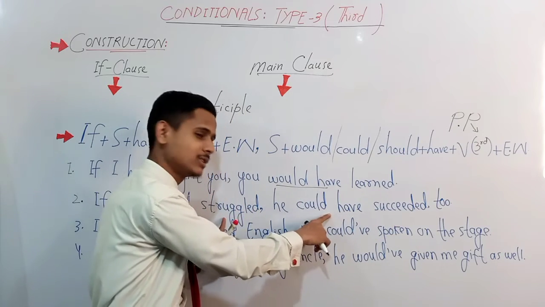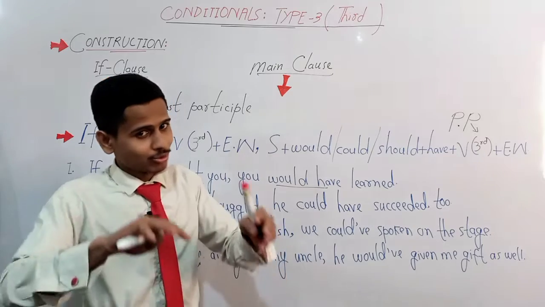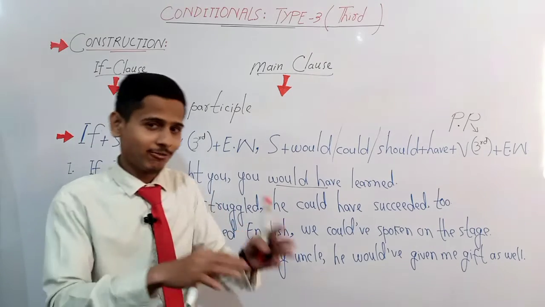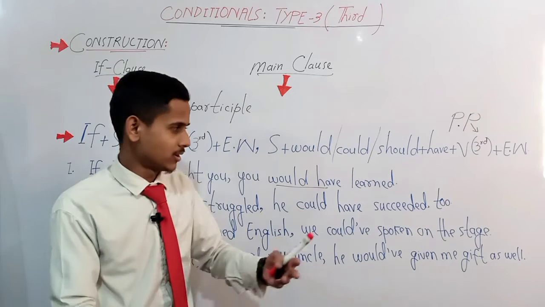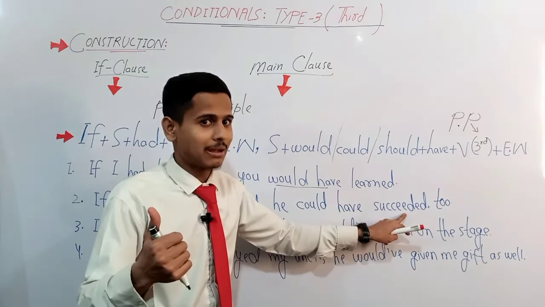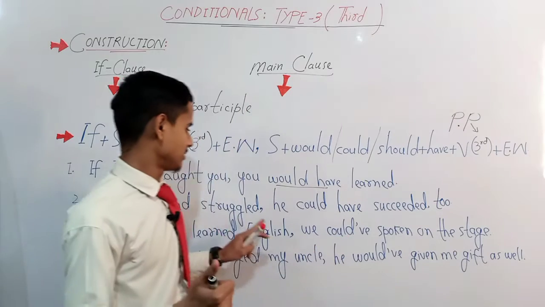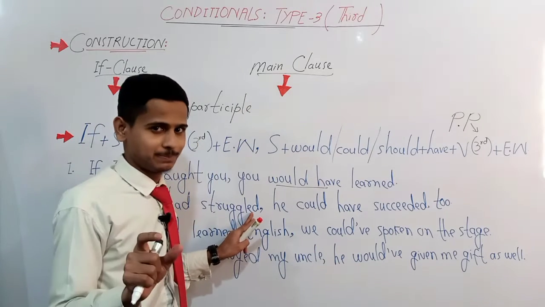Both clauses are unreal. The real situation is different, because success was not achieved by Kashif as he didn't fulfill a required condition.